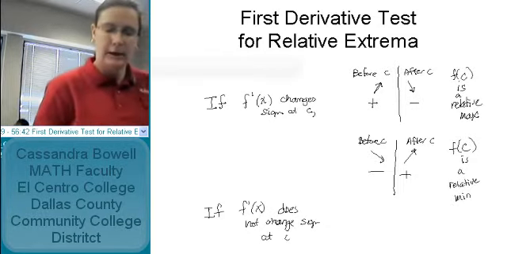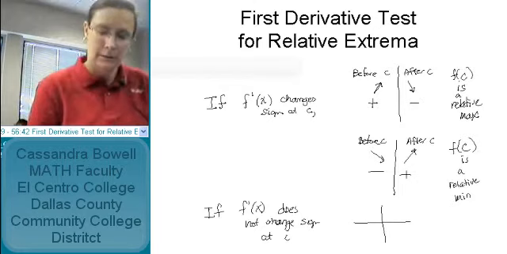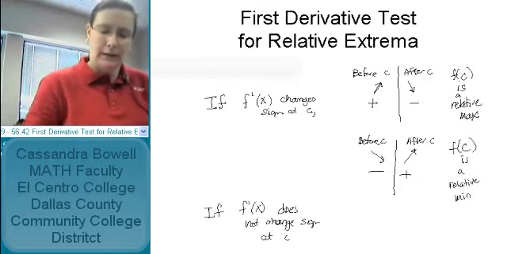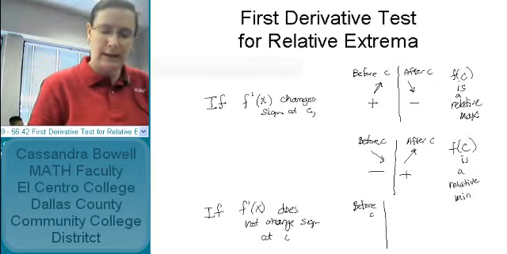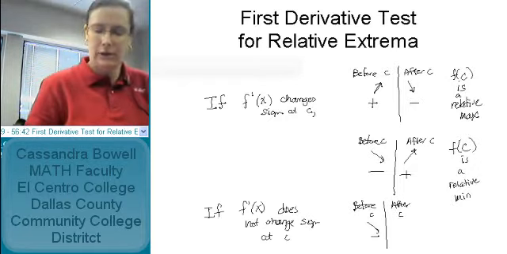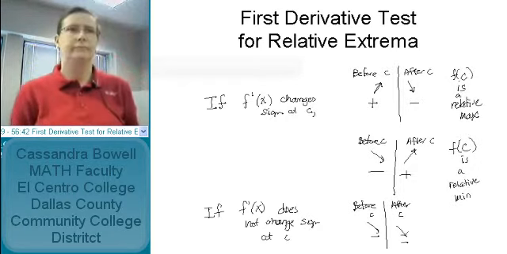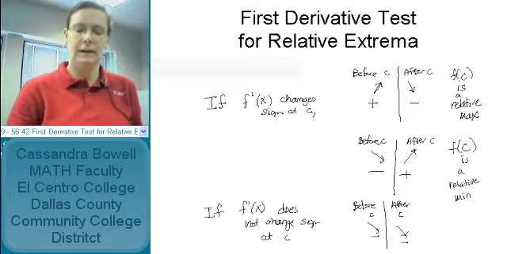So what do you see here? If before c it's negative, decreases, and after c it's negative, decreases, you're not going to have a relative max or min.